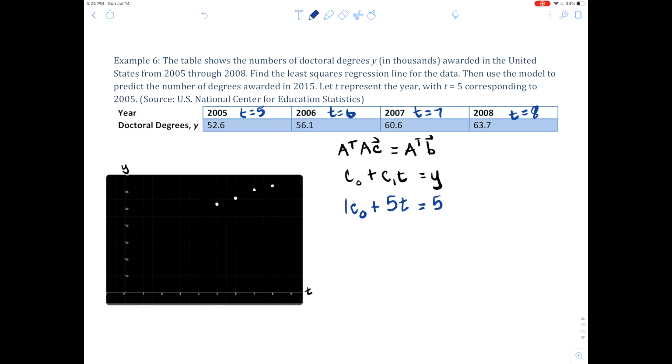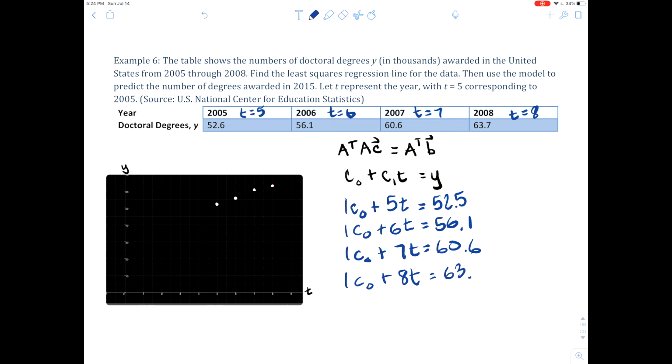Good, 52.6. And then 1 C0 plus 6T was equal to 56.1. 1 C0 plus 7T is 60.6. And then 1 C0 plus 8T is 63.7.